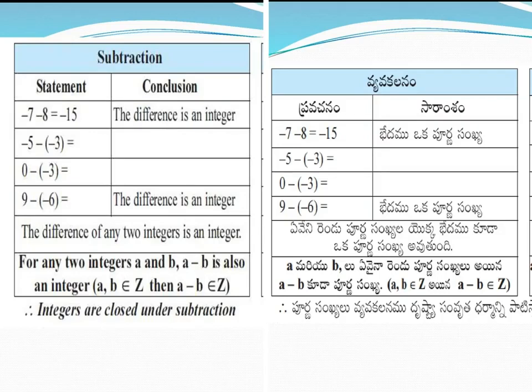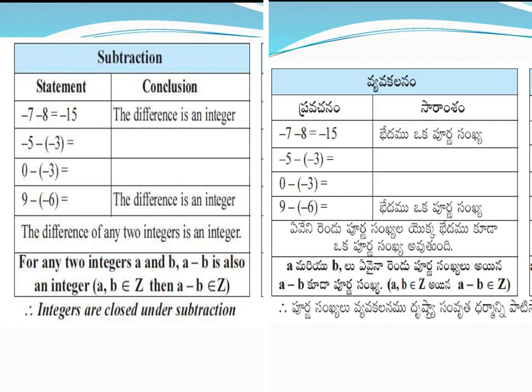And also 9 minus of minus 6 equals 9 plus 6, since minus into minus is plus, means 15. 9 is an integer, minus 6 is an integer, and the difference 15 is also an integer. So the difference of any two integers is also an integer.